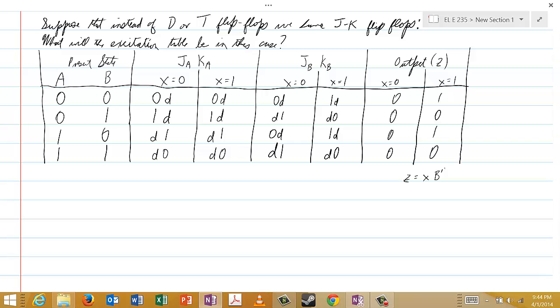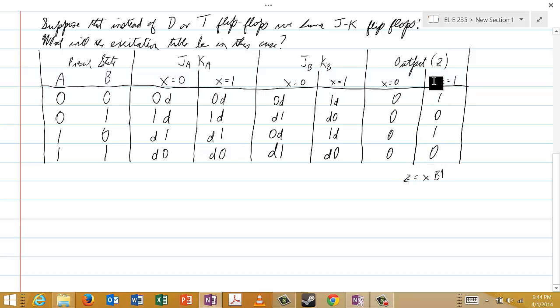And so just as Z was equal to XB prime in the case of D flip-flops and T flip-flops, it will continue to be equal to XB prime in this case of JK flip-flops. And that's easily verified by looking up here at the output Z, because you can see when X is equal to 0, the output is always 0, and that's consistent with this.